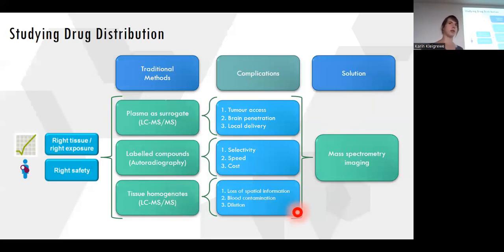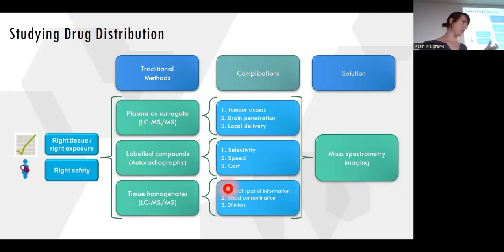For instance, if you've got liver or brain, you can still not really say whether the drug you're measuring is because of the tissue or the blood. So having that spatial information here again helps, because you can, for instance, overlay your drug signal with the signal of the blood. So MSI is really helping a lot with those problems.